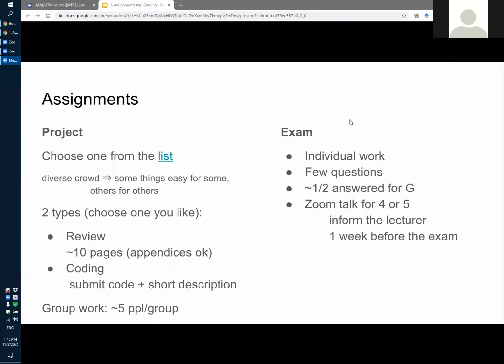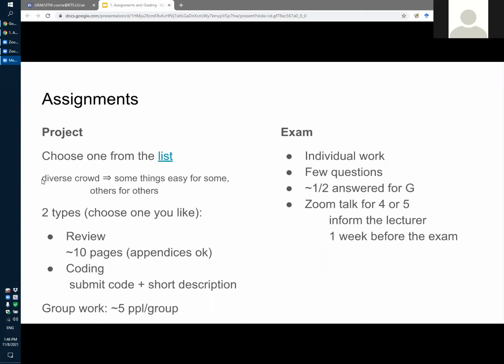Assignments and grading. So here is the list of obligatory assignments. Project, as I said, you choose one from the list, and I think we have a diverse crowd in this class.